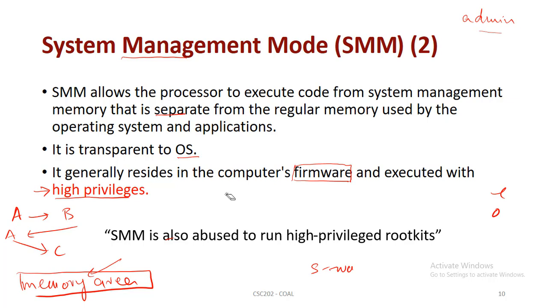But since it is running under high privilege, attackers and hackers have used this vulnerability to compromise and install rootkits within the firmware, and they can even infect the firmware and install other exploits.